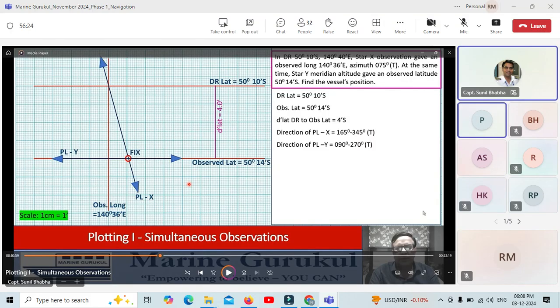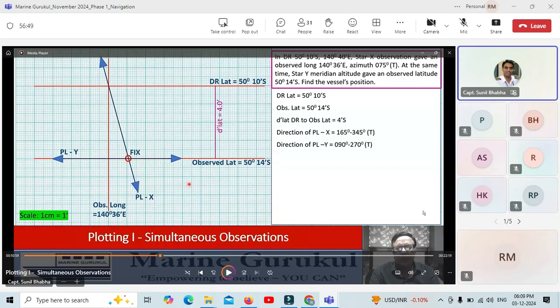No, beta. DR long is not a reference point to plot the long by chron PL. But this is not long by chron, sir. This is a meridian altitude, correct? For plotting meridian altitude PL, that is the observed latitude, we do not require the longitude. Whether you plot the DR longitude here or not does not matter, beta.